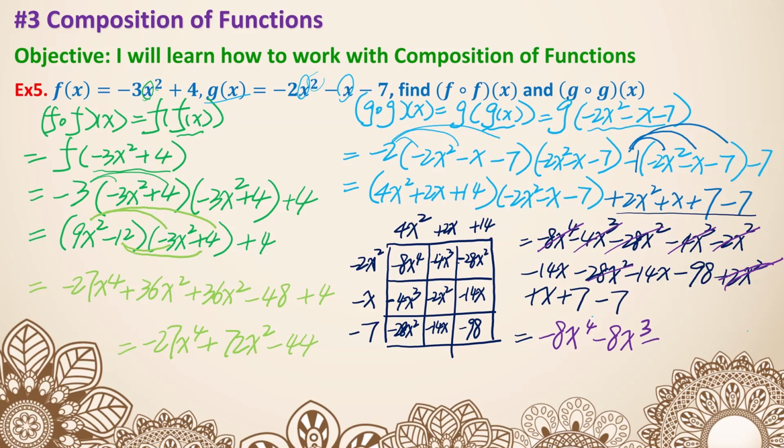We have a negative 56x squared. And then the x, we have a negative 14x, another negative 14x, so negative 28x plus an x, so negative 27x. Lastly, negative 98 plus 7 minus 7 is the 0, so it's going to be a minus 98 on the end.